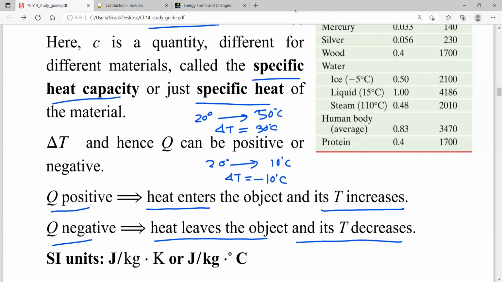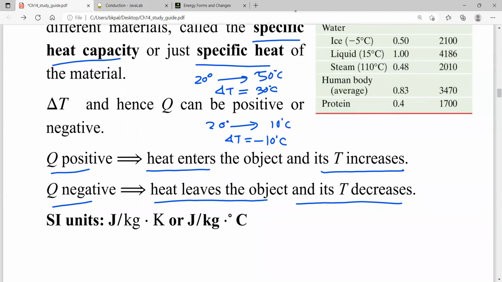So Q negative means delta T is negative, and Q positive means delta T is positive. And then what is the SI unit? SI unit is joule per kilogram per Kelvin or joule per kilogram per degree Celsius. It's both the same thing. Again, because we have delta T in the equation, no matter whether you use Kelvin or degree Celsius should be fine.